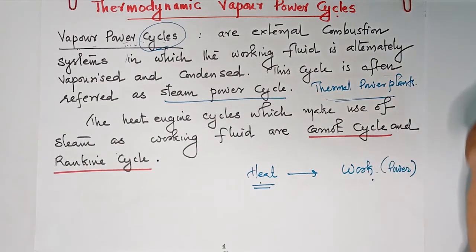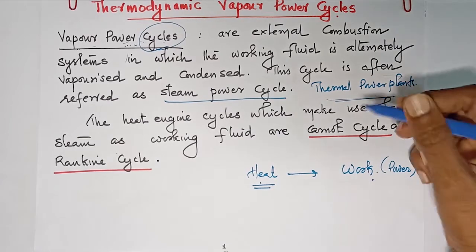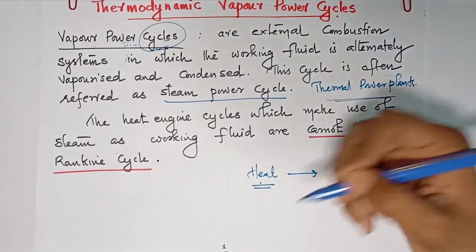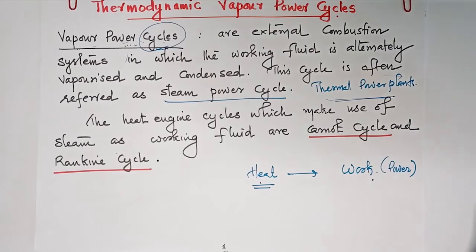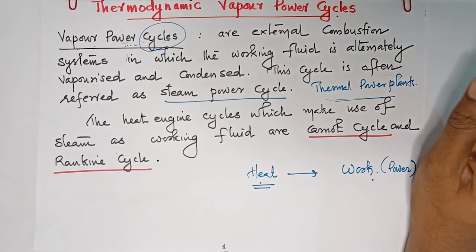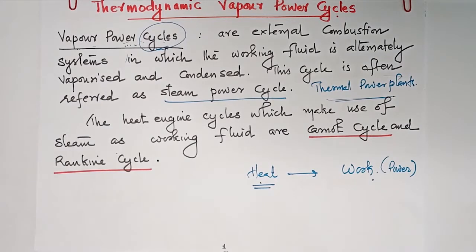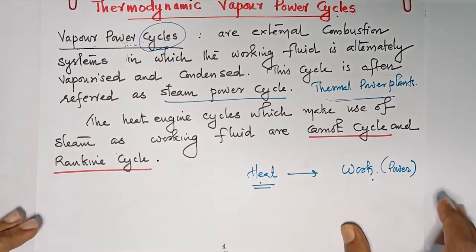Generally in our syllabus we have to learn the Carnot cycle and Rankine cycle. These are the important vapor power cycles. We will see in detail what the thermodynamic cycle is, what the power cycles are and what the heat cycle is. Let us see in the next slide.